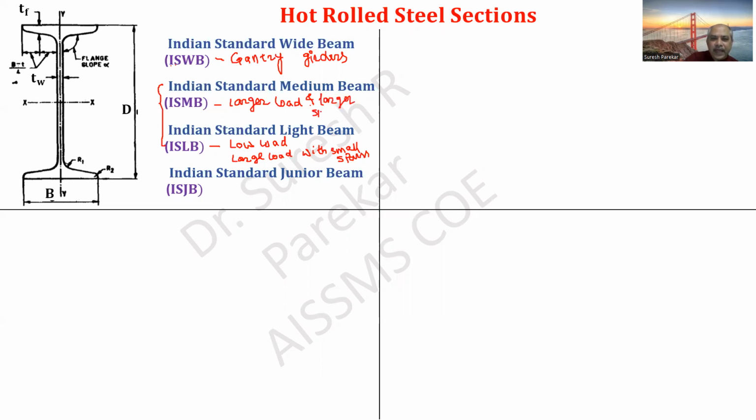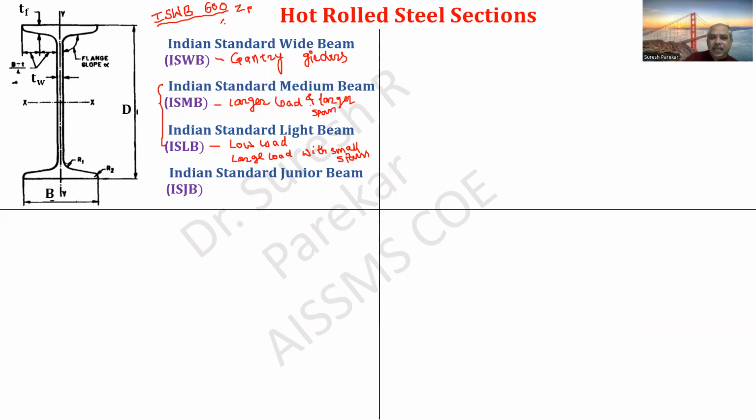Because for a heavy or very large load and very large span, when these are not satisfying, we go for a built-up section or we go for a welded plate girder. Now you have to see that we have the largest section, that is ISWB 600. Sometimes they may ask you what is ZP for this.